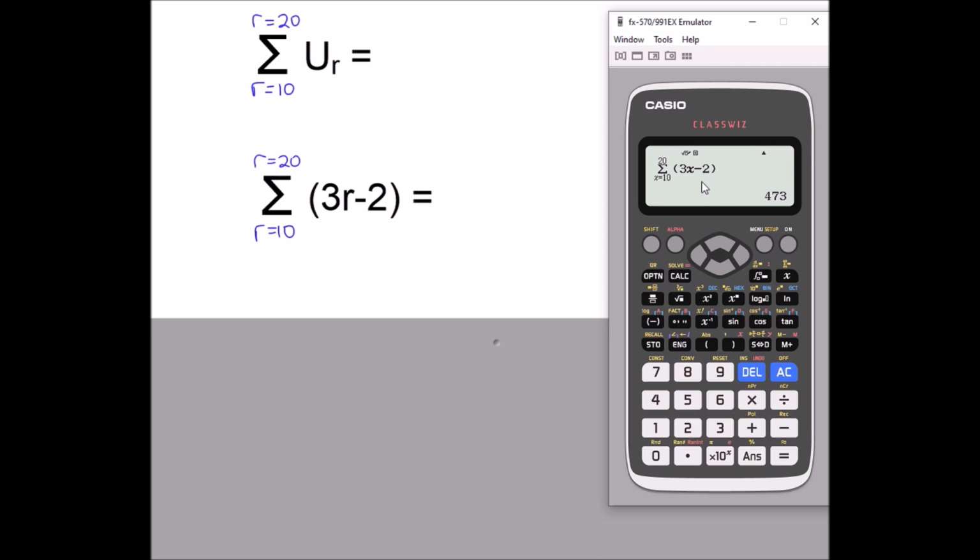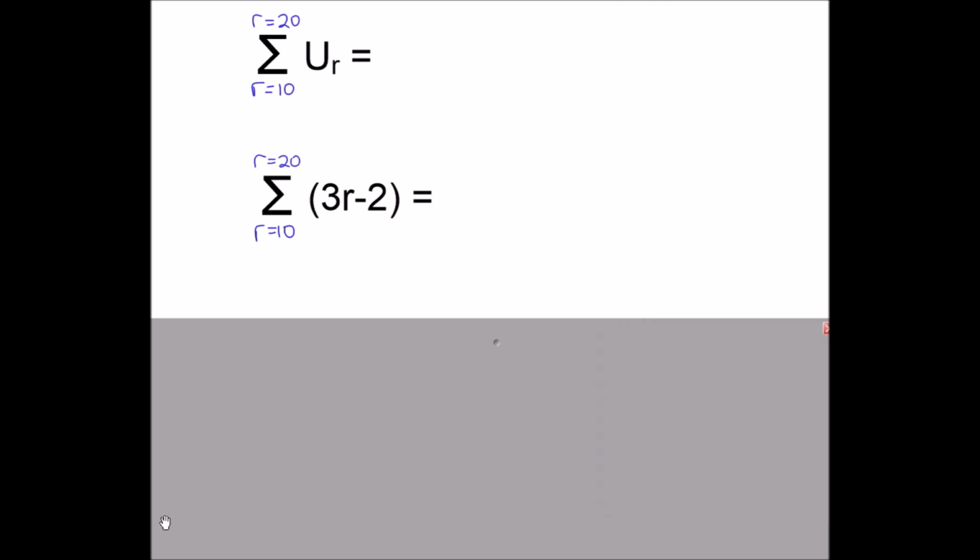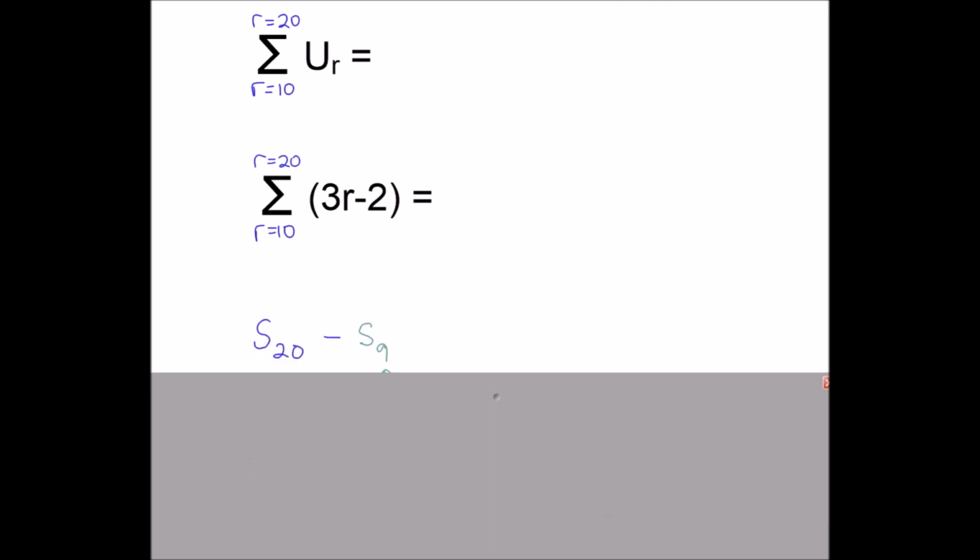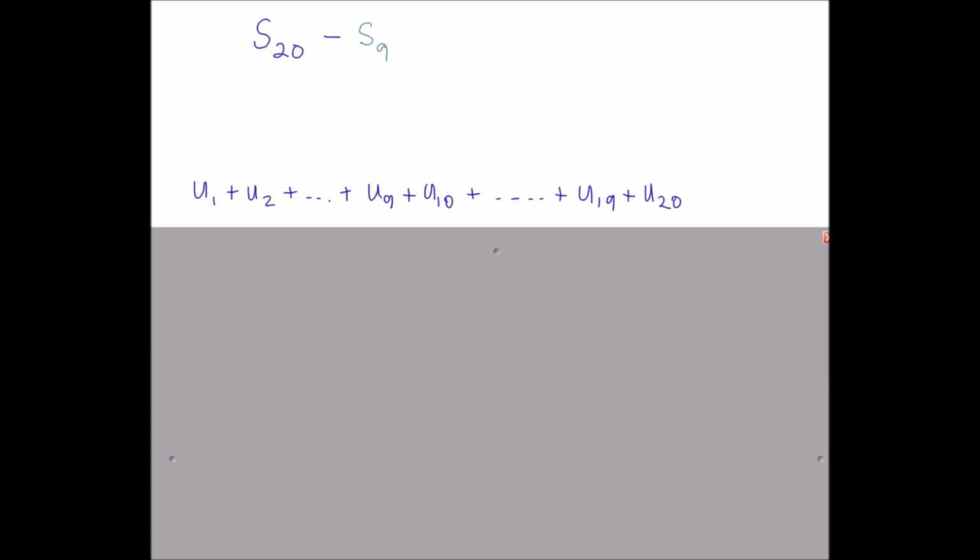We still need to use the sum of n terms formula for an arithmetic series, and the method will be this: S20 minus S9. So the sum of the first 20 terms, starting from the first term up to and including the 20th term, are all of these terms here.